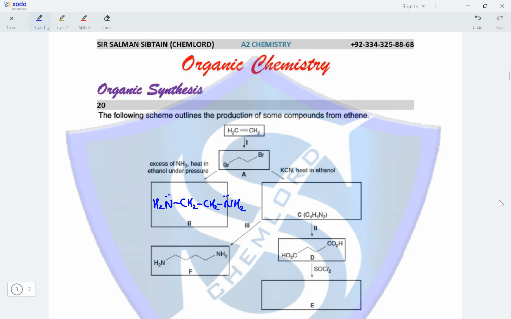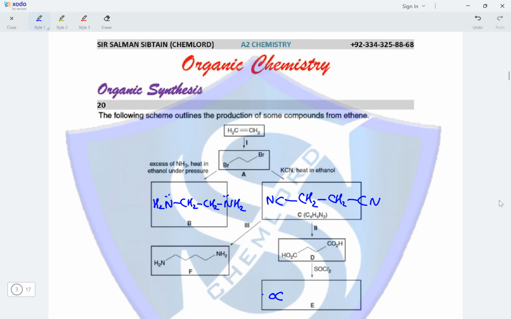On the right, the same dibromoethane is reacted with KCN and heated in ethanol, which would bring about nucleophilic substitution again, but this time instead of NH2, CN would be added to the ethene molecule on which two bromine atoms were present. So it will form a dinitrile, which is converted into a dioic acid by acid hydrolysis of the nitrile, which upon reaction with SOCl2 will be converted into an acyl chloride.